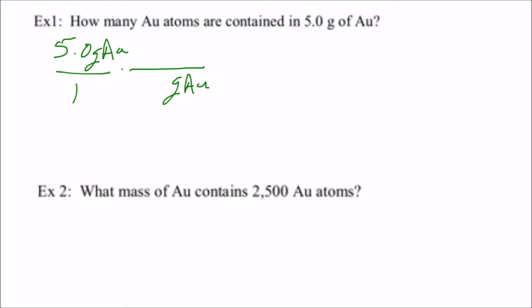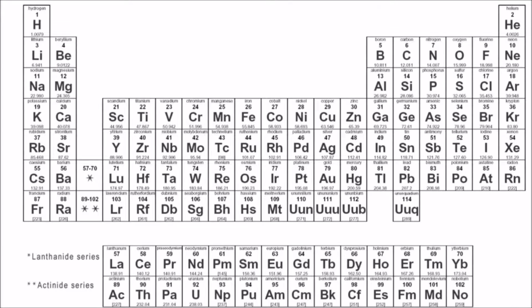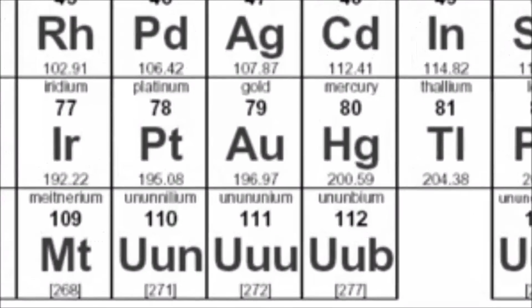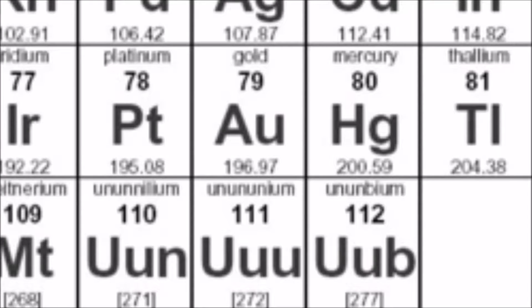Now, where are we going to get our new amount of grams of gold? Anytime that you see grams of either an element or a compound, you have to go to the periodic table to find the answer. So here's the periodic table, and we're going to focus in on gold here, and we see that we have 196.97 as our atomic mass or molar mass for gold.